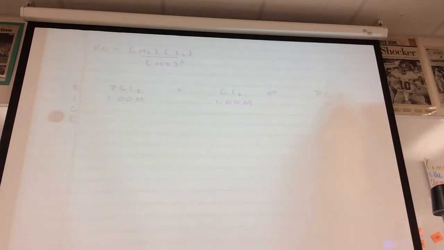Moles of the phosphorus pentachloride is 0.82 moles divided by 1 liter is 0.82 molar. E for equilibrium is equal to the initial amount plus the change.